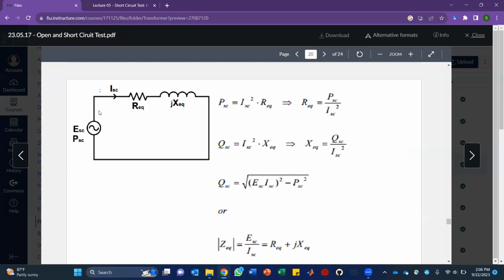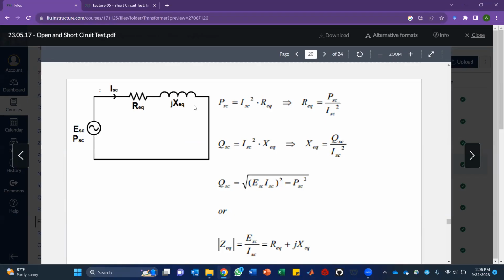When we supply a fraction of the voltage, it's very crucial that in this experiment we actually supply only a fraction of the voltage, because otherwise, if we supply rated voltage, the short circuit current will be huge. We don't want that. We don't want our setup to burn.